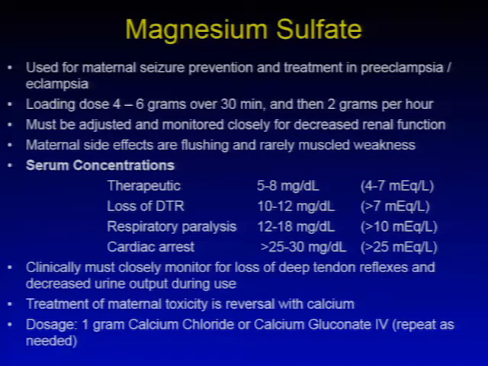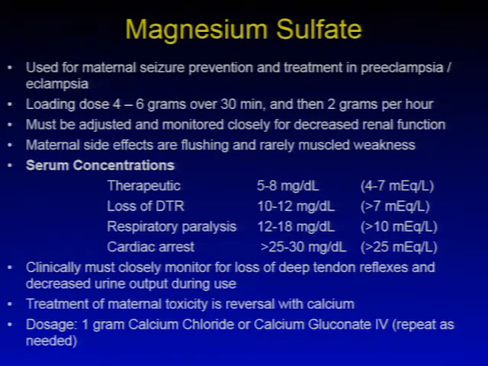Going back to magnesium sulfate, maternal side effects may include flushing and rarely muscle weakness. Clinically, as these mothers are monitored for loss of deep tendon reflex and decrease in urine output, occasionally there will be an inadvertent bolus of magnesium in these women.